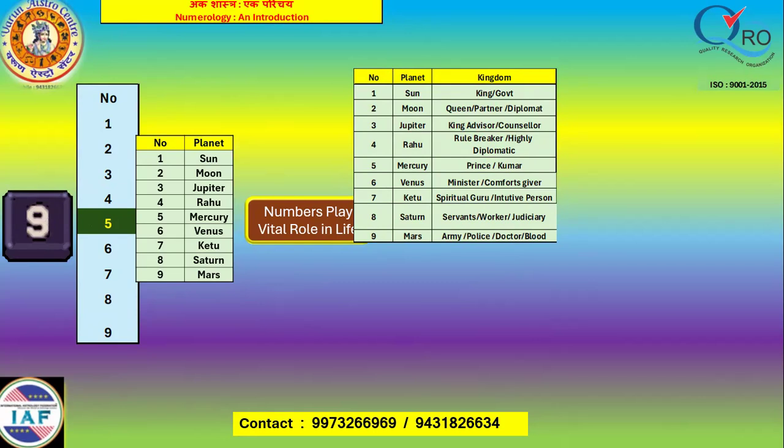Six is known as minister or comfort giver. Seven is known as spiritual guru or intuitive person, that is, the person who gets advance intimation of incidents going to happen in future from the universe. Eight is known as downtrodden people of the society, servants, maids, workers, and judiciary. And nine is known as army, police, doctor, or blood. So all these numbers are uniquely called with unique names as per their utility.